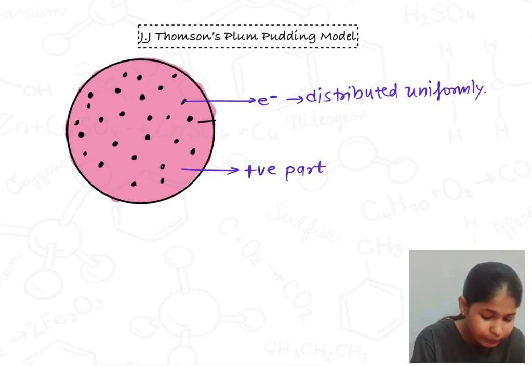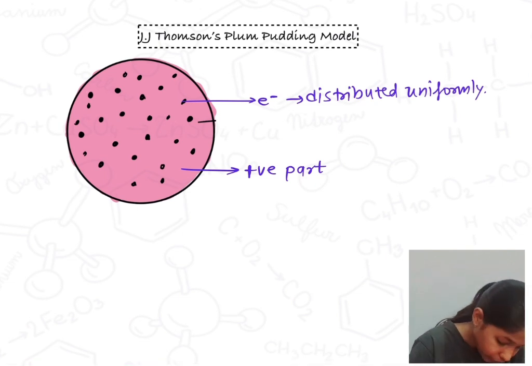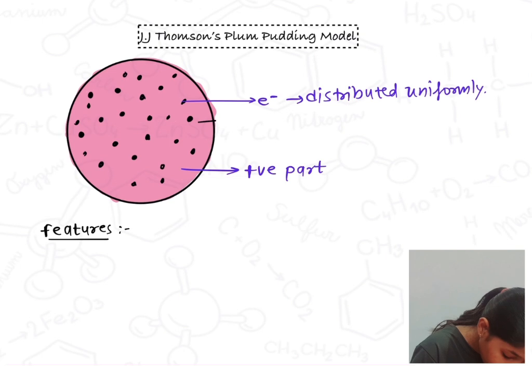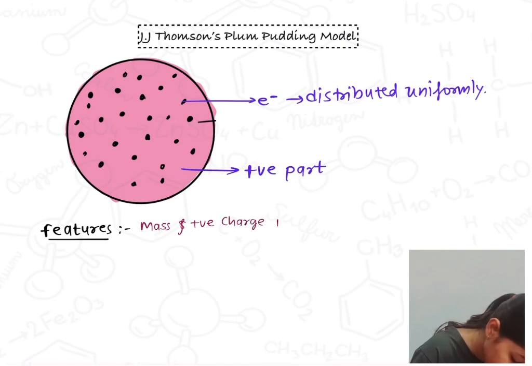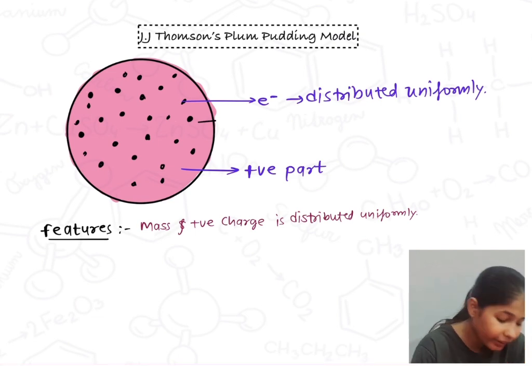But one feature of the J.J. Thomson plum pudding model which was successful and true, and is used till now, was that he said that the mass and positive charge are distributed uniformly.